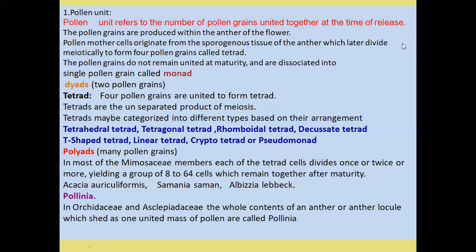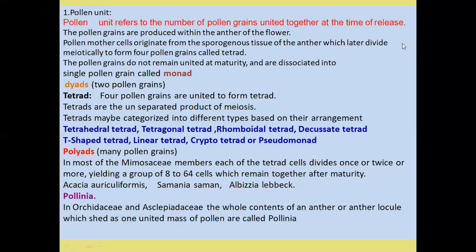So these 2 pollen grains are collectively called dyads. Normally in most cases, pollen grains occur in tetrads only. Tetrads means 4 pollen grains are united to form a tetrad. These tetrads are the unseparated product of meiosis.